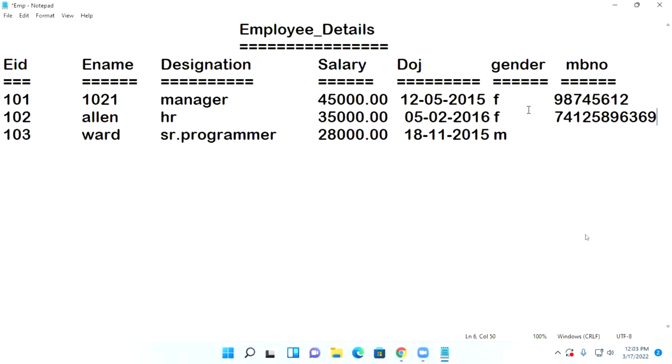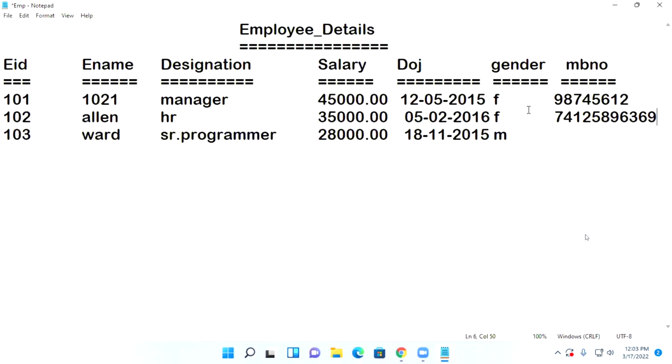But the same thing happens when we store data into databases: when a user inserts data through an application into the database, the database server also verifies your data. Is it right or wrong? Is it valid or invalid? But that kind of technique or mechanism I can't apply on my files.